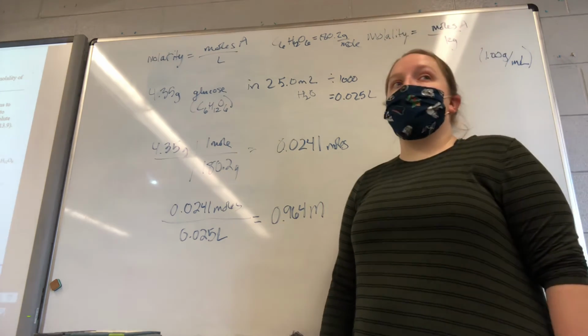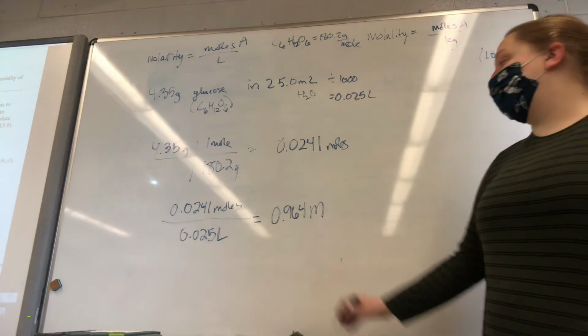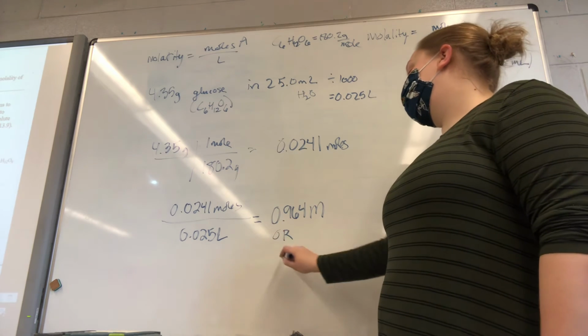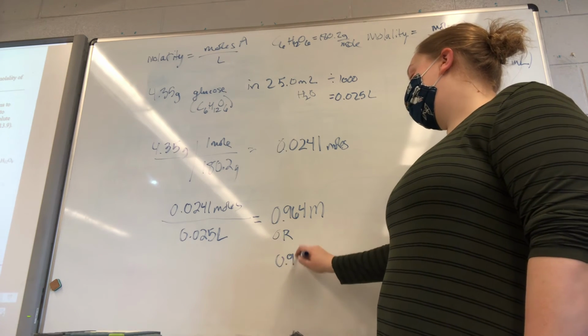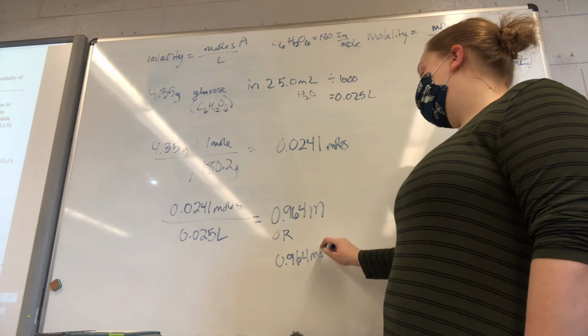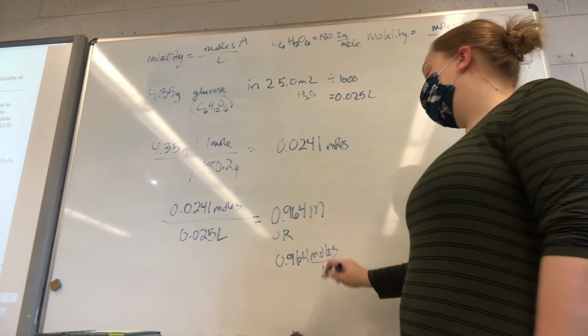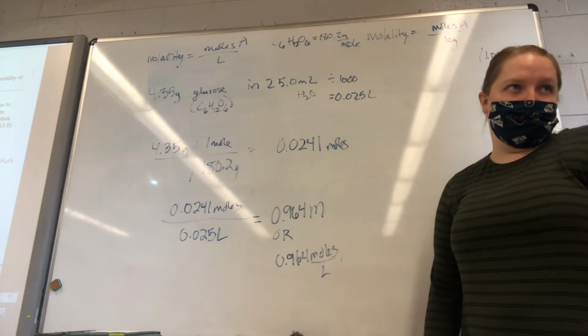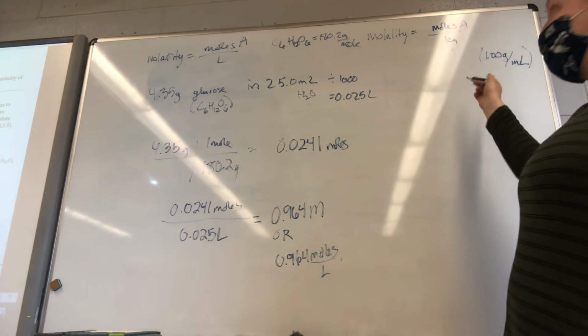So how we express that concentration is a capital M, or we can write out moles per liter. I don't care. I care that you know that this is a molarity and this is a molality.